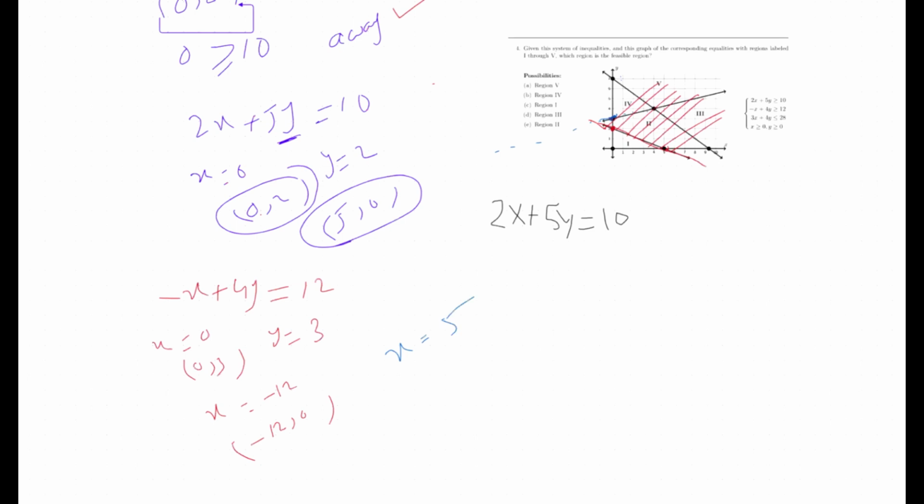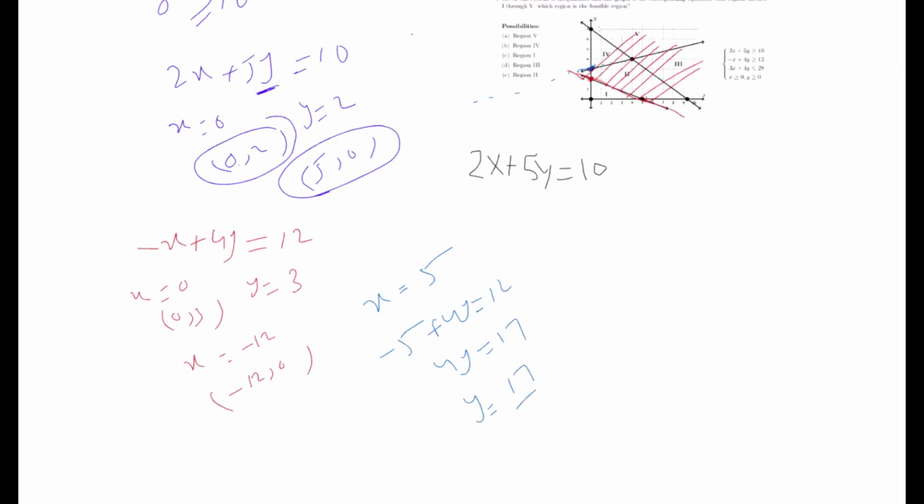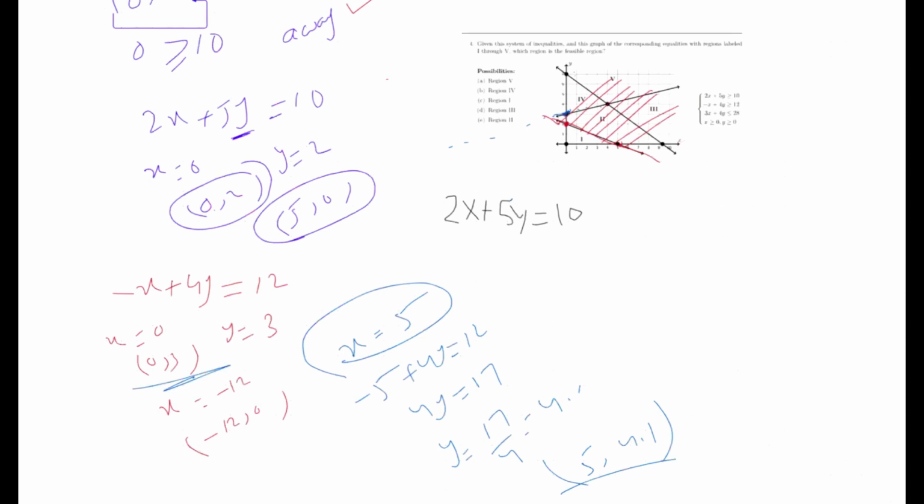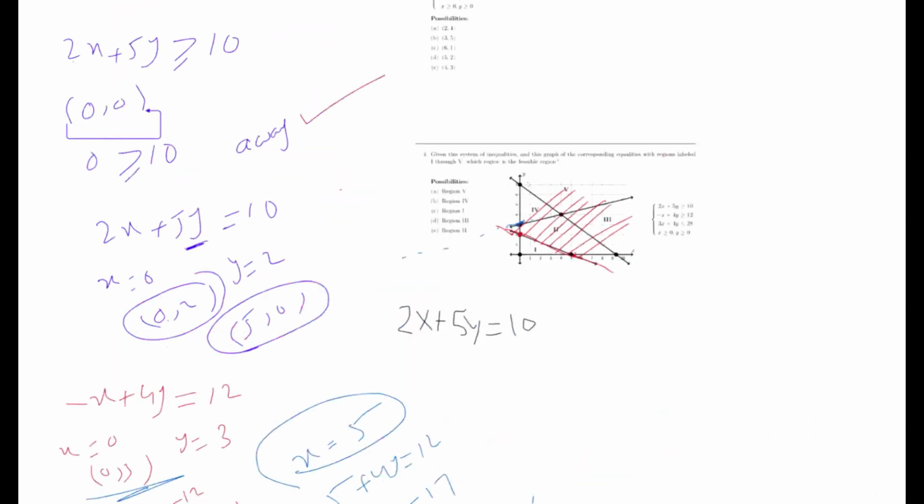So negative 5 plus 4y equals 12. 4y, just add 5 on both sides. 12 plus 5 is 17, and y is 17 over 4, which is 4 point something. For x equals 5, we got 5 comma 4.1, let's say. So the first point is 0 comma 3, the second point is 5 comma 4.1, let's say 5 comma 4.